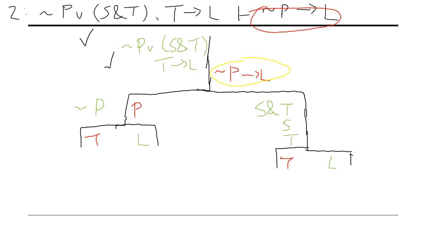Main operator there, it's going to be the arrow. What makes an arrow false, because it's on the right hand side, is where the left side is true and the right side is false. Same thing gets put on all these other branches further.